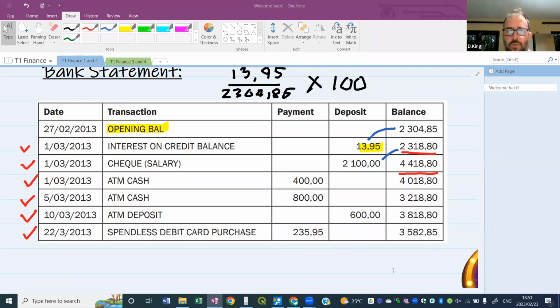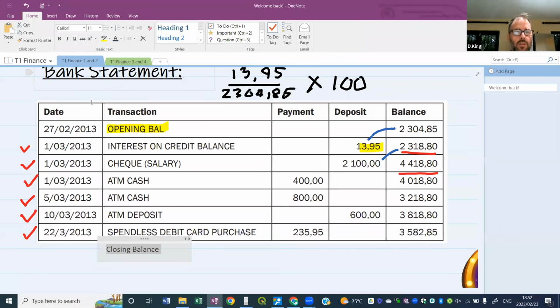If we ended the statement here, then we should have a line at the end called closing balance. I'm going to create my own line here. It's called closing balance. Let's make the text a little bit bigger, let's make it 18.